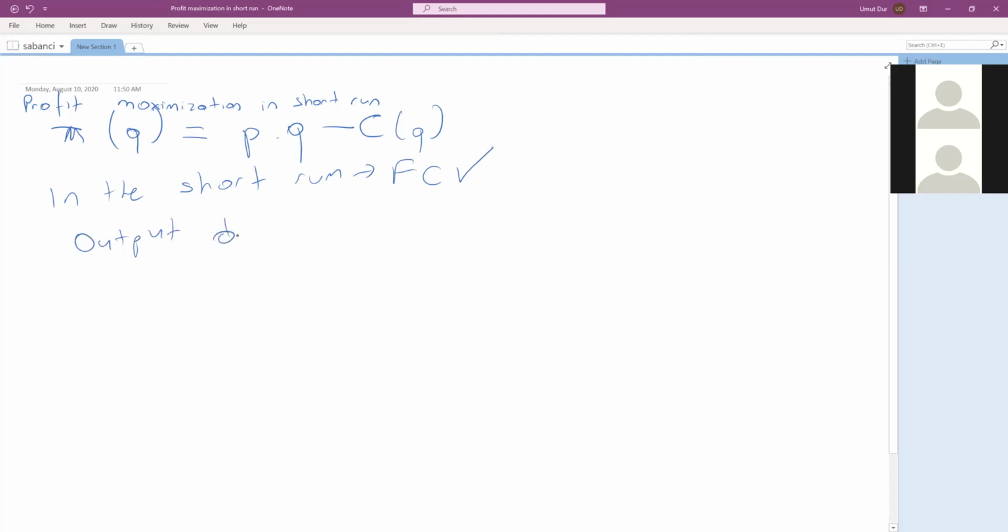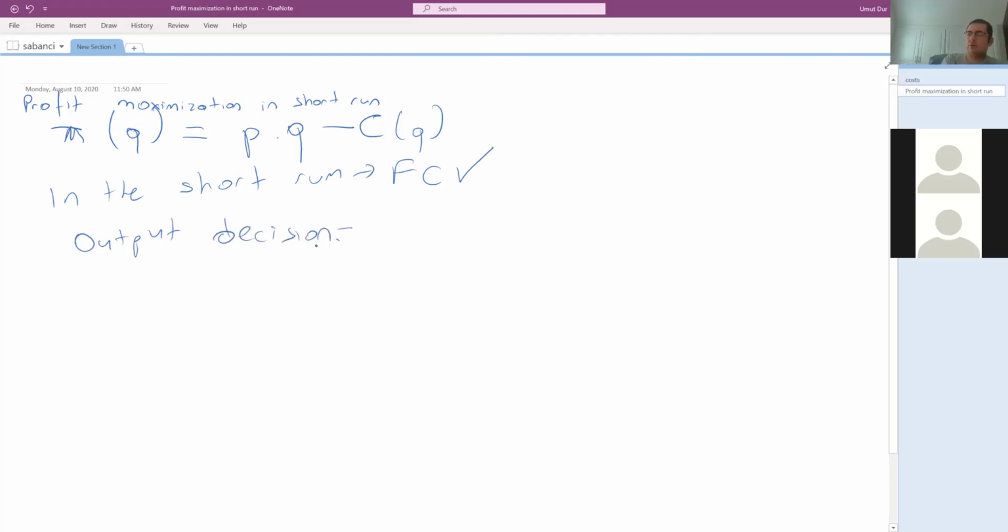output decision here, and nothing is different from the output decision. So it doesn't matter whether we are working on the short run or the long run, the output decision does not change.